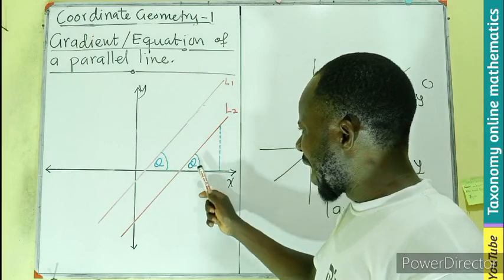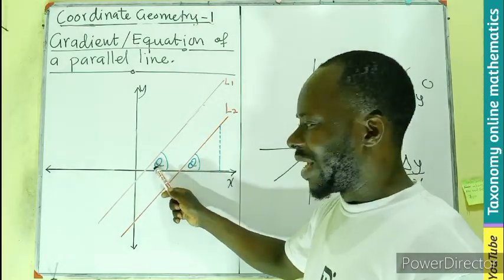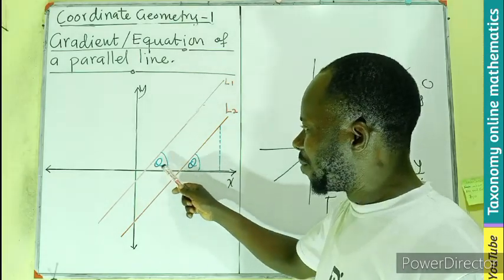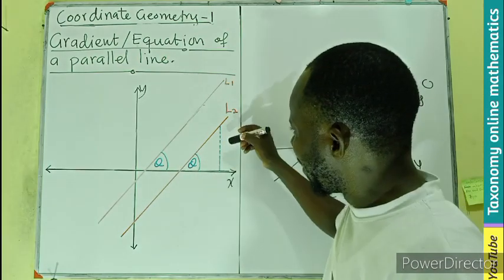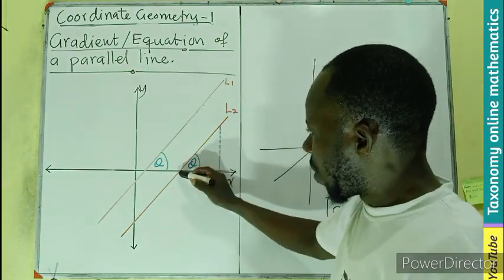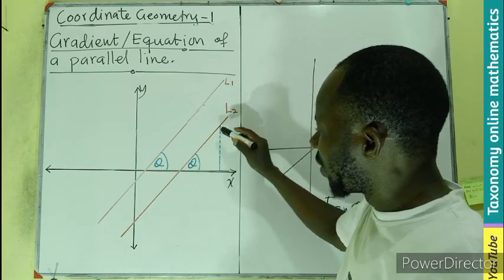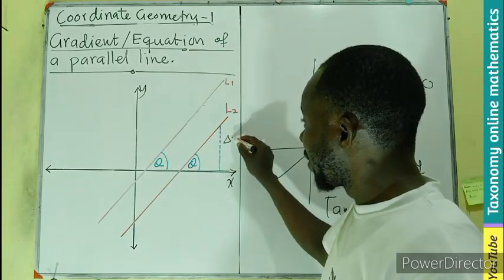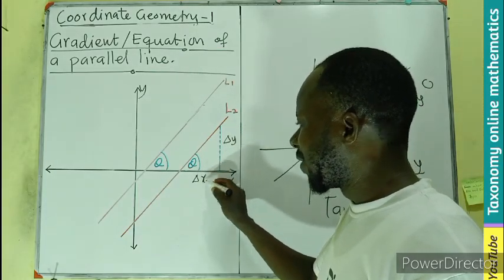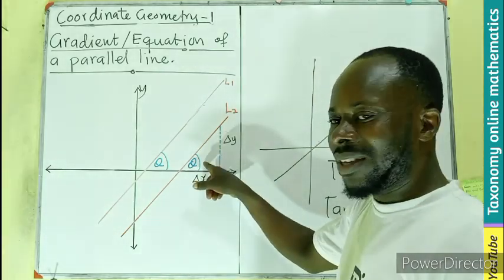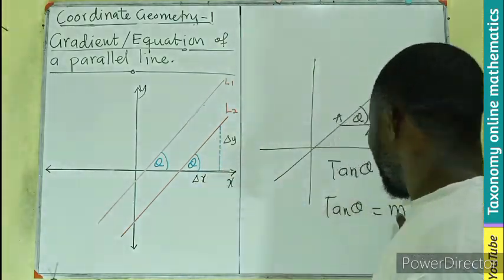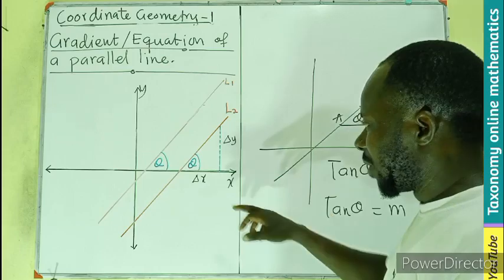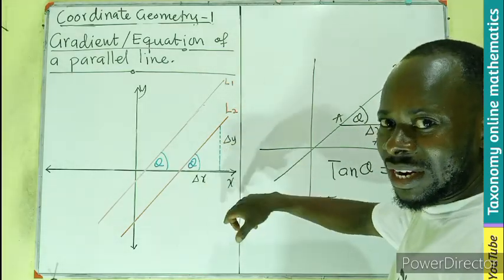So if we are saying that the angle here is equal to the angle here, and the distance between them is the same, since parallel lines have the same distance between them, then if I find the distance from the x-axis to this point, which will still be our x, the y-axis change over the x-axis change, whatever answer I get for this tan is going to be the gradient, right? This very angle will be the tan inverse of the gradient.